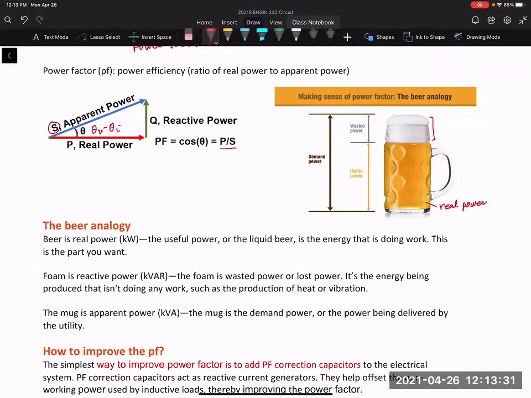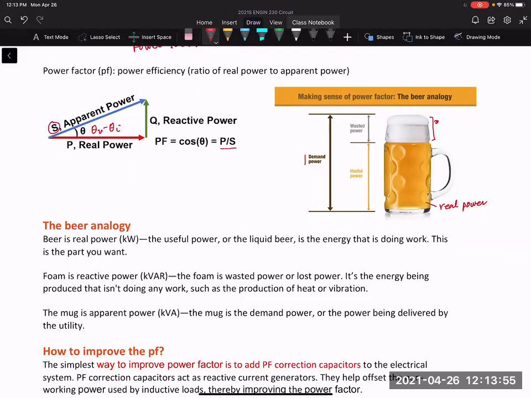However, you are going to demand the power to be this much, because these parts can be real, depending on how you pour your beer, or how you draw the beer. You might use that much of the beer if you make the power factor the maximum.